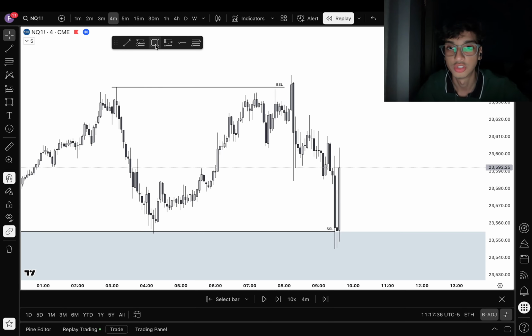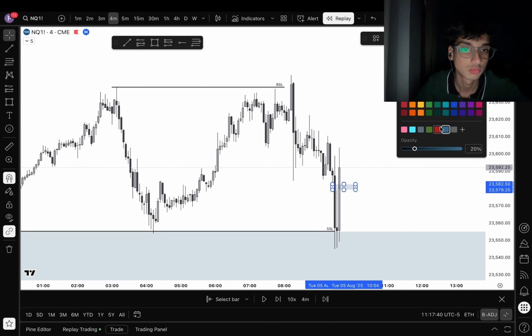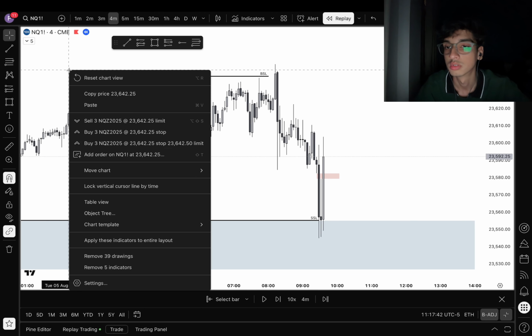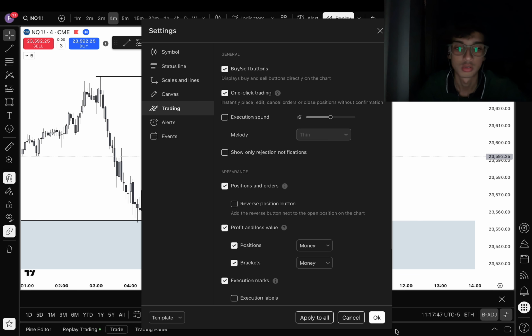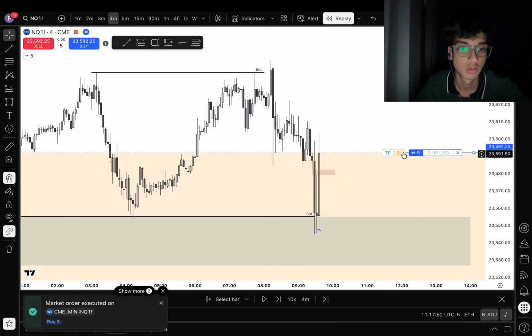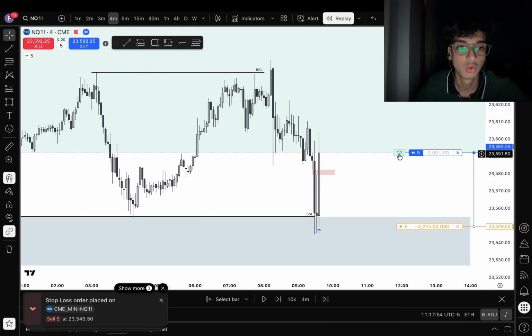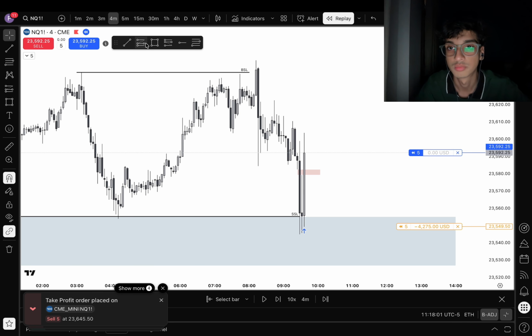I missed this inversion, but it looks good. Stop at this candle low, targeting these buy side liquidity, will break even our trade after this buy side.